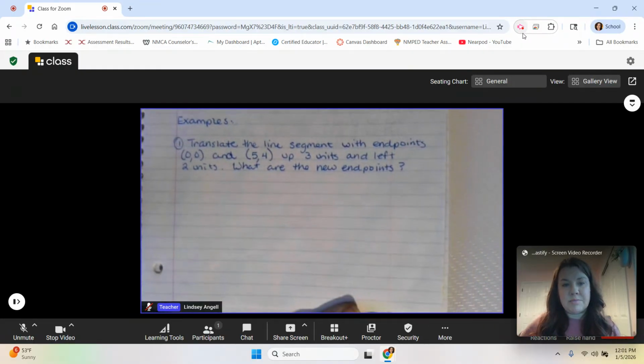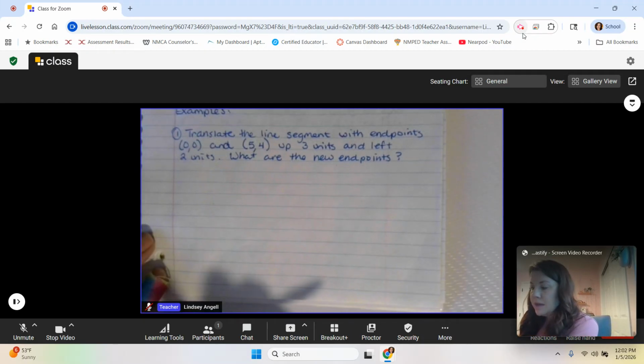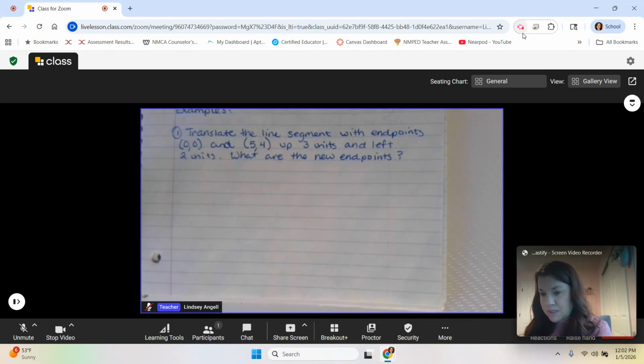So our first example, number 1: translate the line segment with endpoints (0, 0) and (5, 4) up 3 units and left 2 units. What are the new endpoints? So with that, there's a couple things that you can do. One, especially when you're getting used to everything, the best thing to do is to go ahead and graph it.